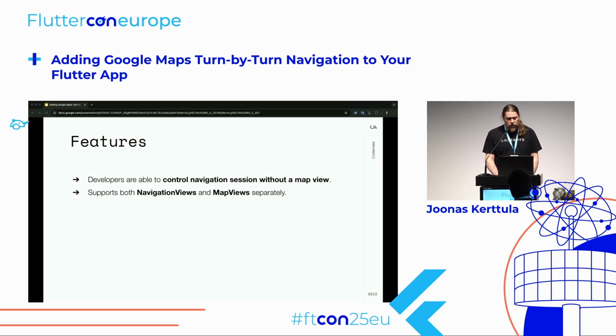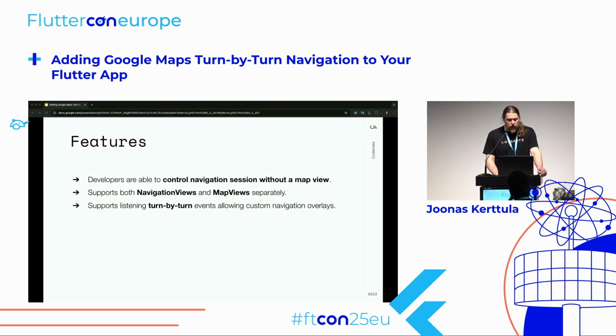This is because the native library of the Navigation SDK overrides the Maps SDK library, and there will be a collision with the classes. So if you already have Google Maps Flutter in your software, you have to replace those functionalities with this library. But this brings almost the same features as the official Google Maps Flutter package.